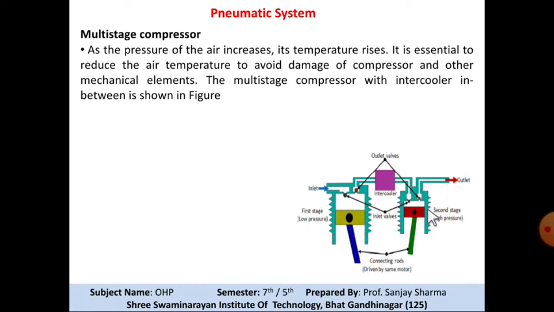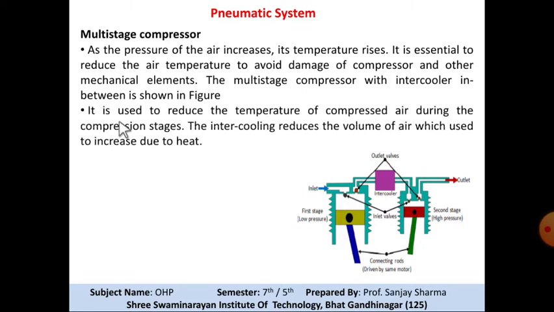The advantage is that at the delivery, means at the outlet end, we get high pressurized air with low temperature, because if we go for the same outlet pressure, the size of the compressor increases and the temperature also will increase. So if we need very high pressure, the multi-stage compressor is one of the best suitable compressors, which is used nowadays in the industry.